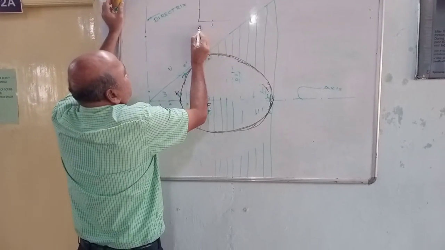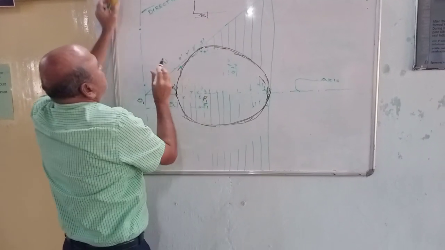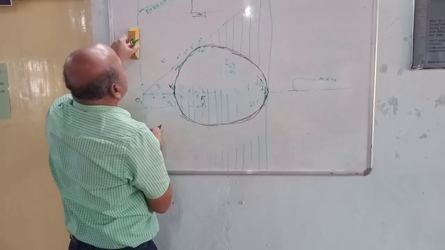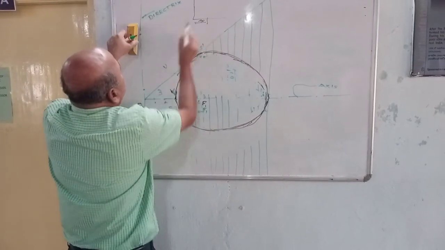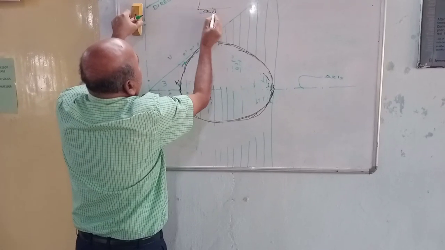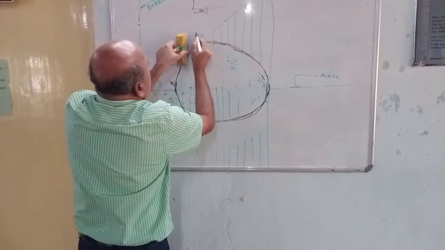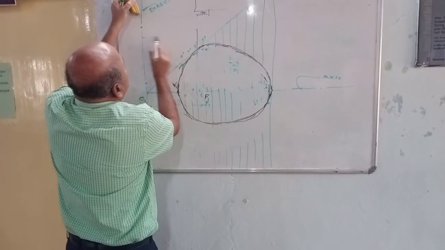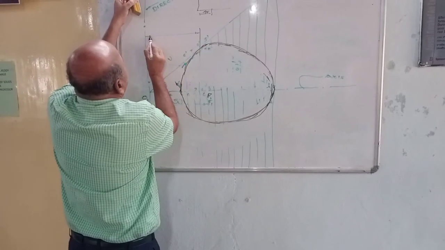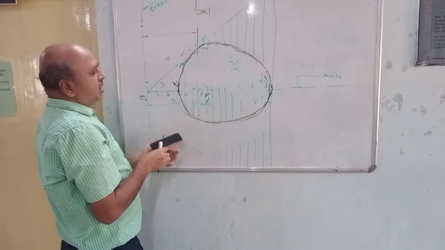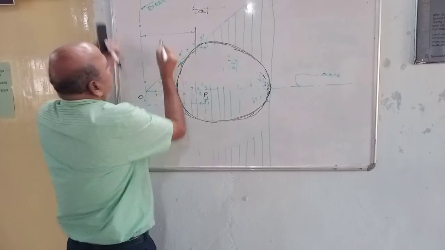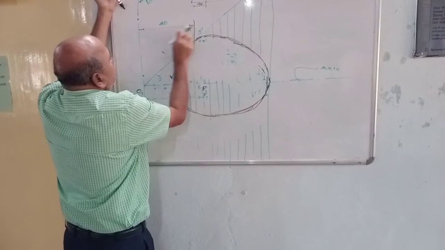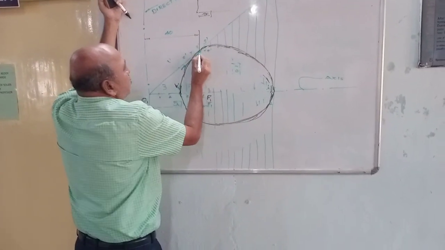Keep this scale on the DIRECTRIX, so wherever we are getting 40 mm, this is the distance of 40 mm. Use the light pencil only, and mark it 40 mm. At this point we have to draw the tangent and normal.